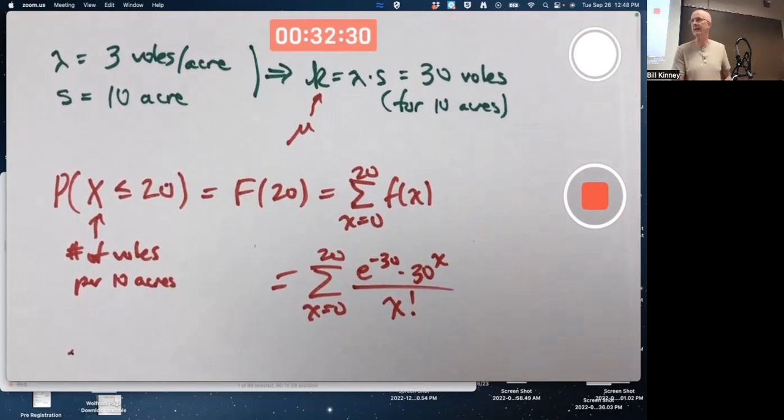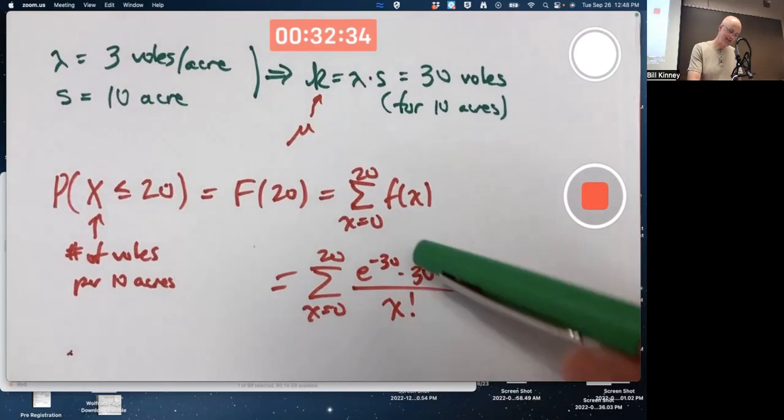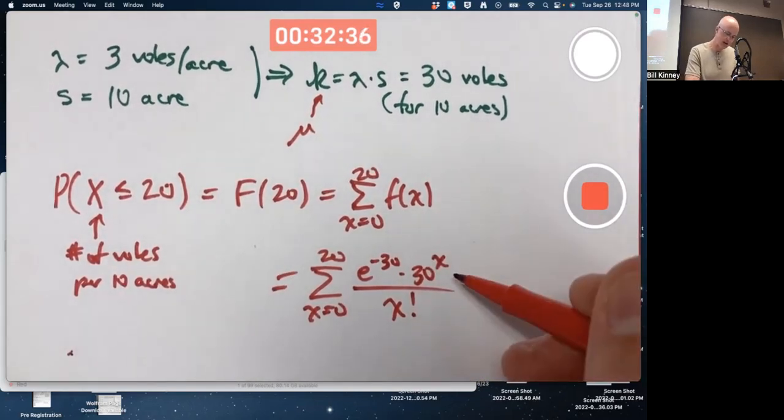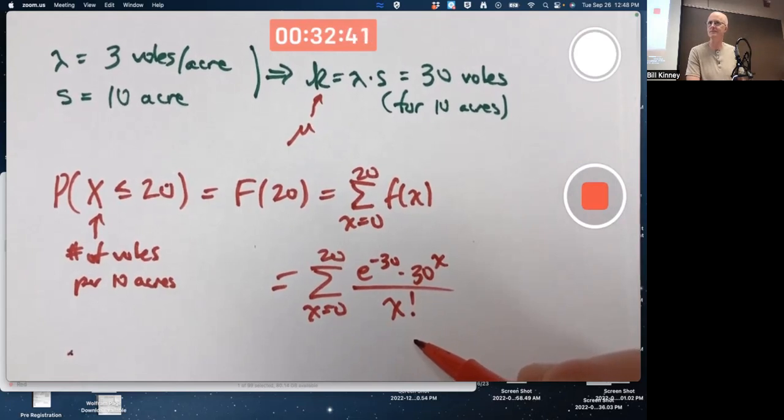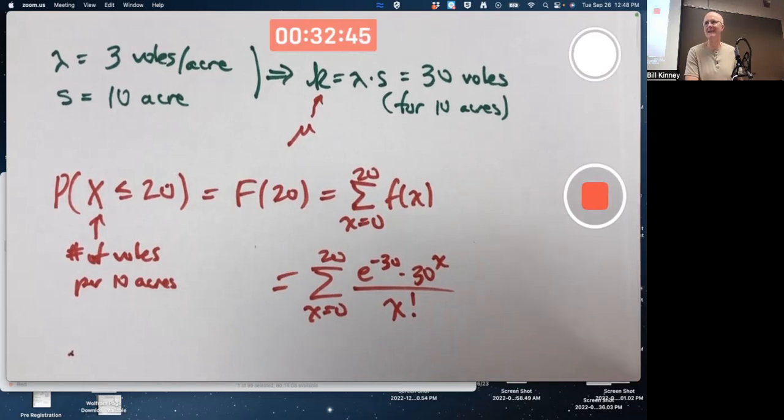X factorial gets very large as X gets very large as well. So it's like you got a really small number times a possibly very large number divided by a possibly very large number. Is the fraction itself large or small? Well, it's got to be a probability. It's got to be between 0 and 1. For most values of X, it's not going to be that big.